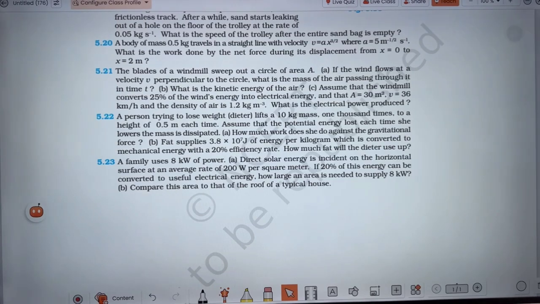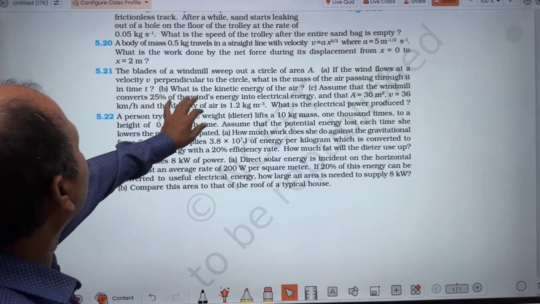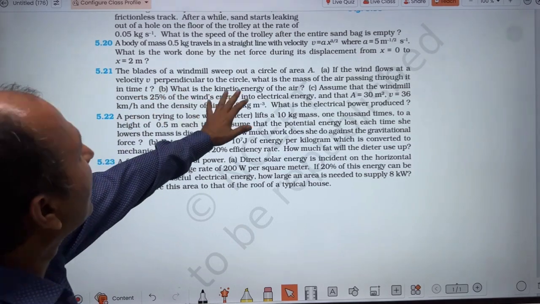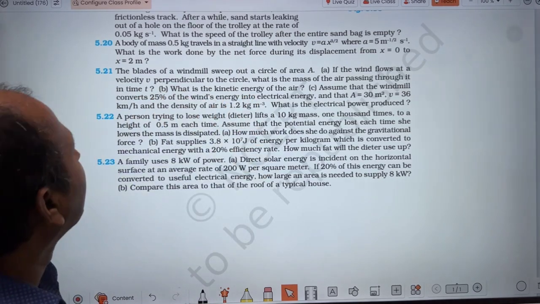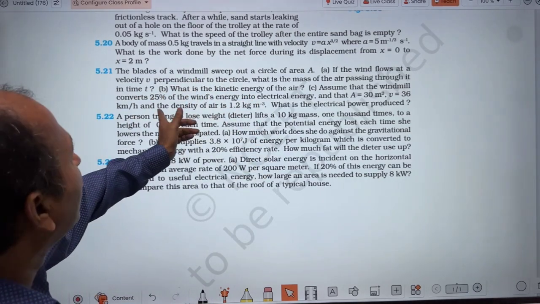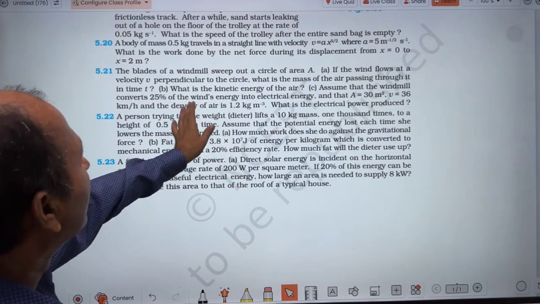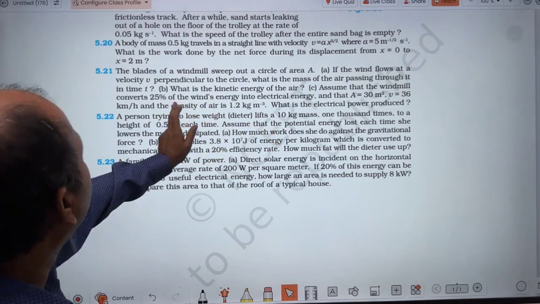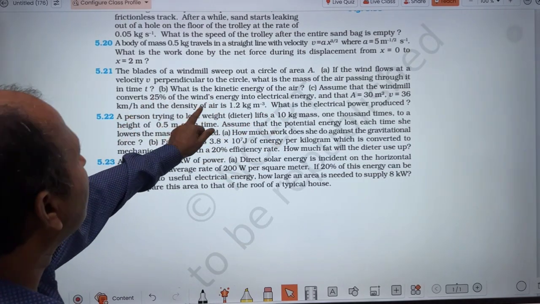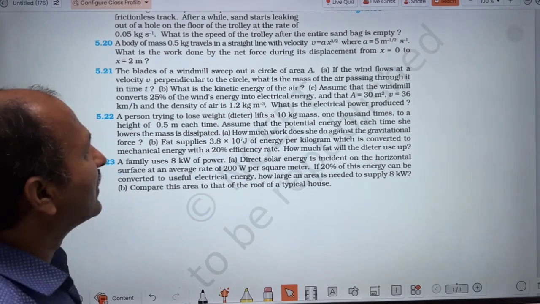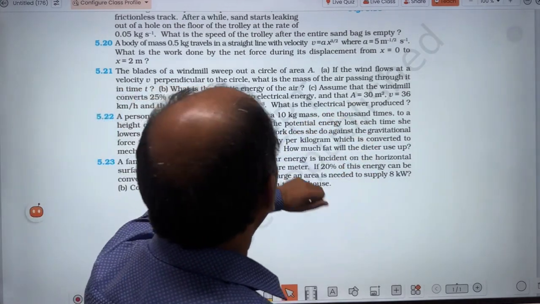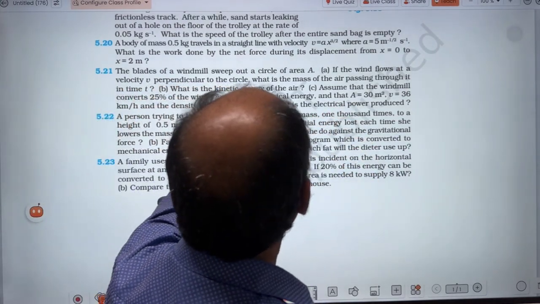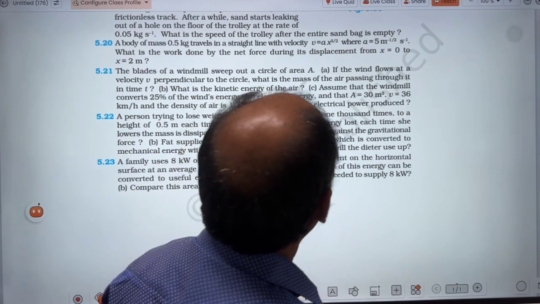Okay, let's read the question further, then I will tell you what the kinetic energy of the air is. If you can calculate mass, then you can apply half mv square. Further, assume that the windmill converts 25% of the wind energy into electrical energy and that A is given this much, v is given this much and the density of air is given. What is the electrical power produced?